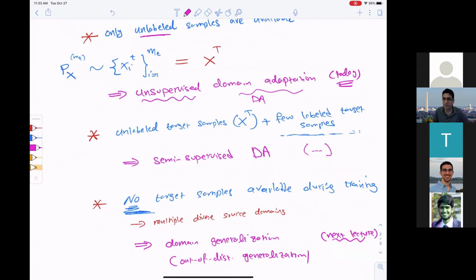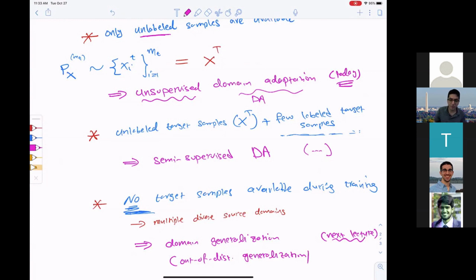For domain generalization, you mentioned we have diverse source domains, so I was wondering, do we just union them and train using empirical risk minimization? I'll talk about that in the next lecture. That's one way, just to put everything in one bag and train ERM on the union of these diverse domains. But there are some other techniques that we will cover in the next lecture.